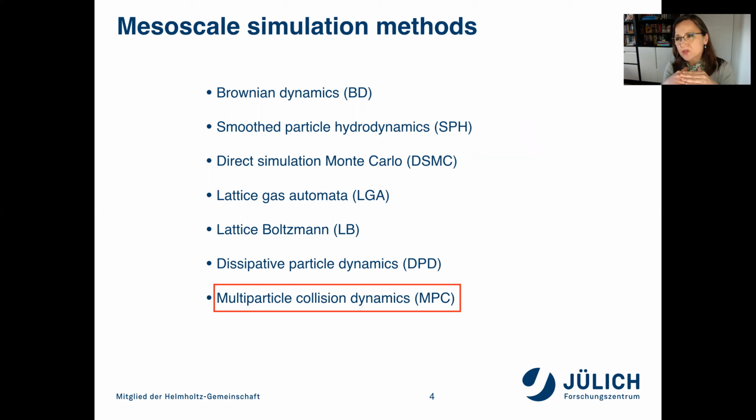Some of these methods discretize the continuous equations, so are top-down methods, and some others are bottom-up, so they average the coarse-grained properties of the microscale. But multi-particle collision dynamics is born really in the mesoscale and lives there, as you will see soon.